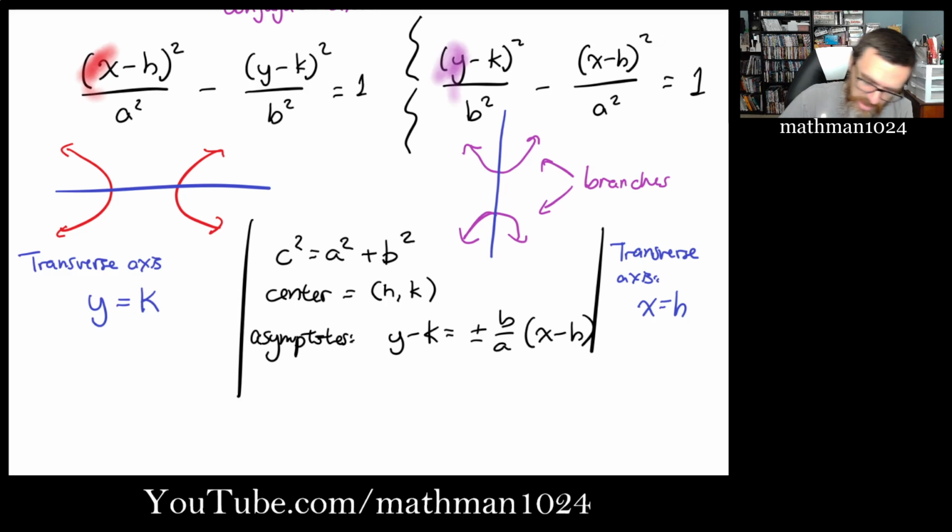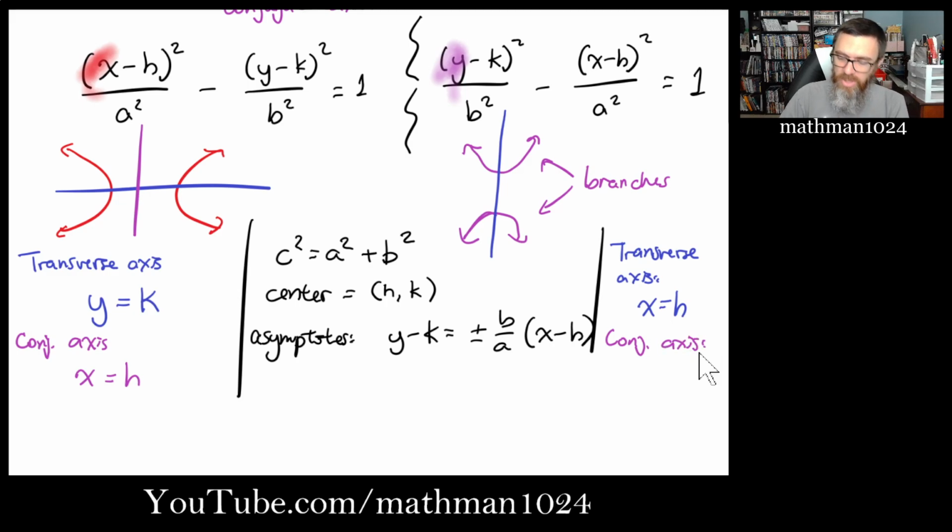Your conjugate axis here is going to be the one that's perpendicular to the transverse axis. For the ones opening out in the x direction, you have the vertical line, and that's going to be x is equal to h. And then for the conjugate axis for the vertically opening ones, that's going to be y equals k.